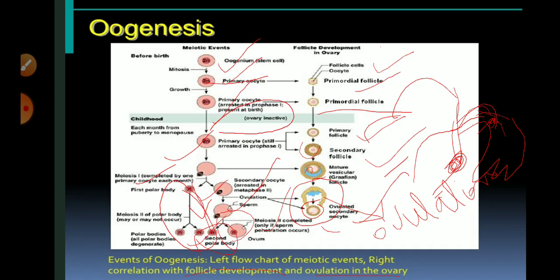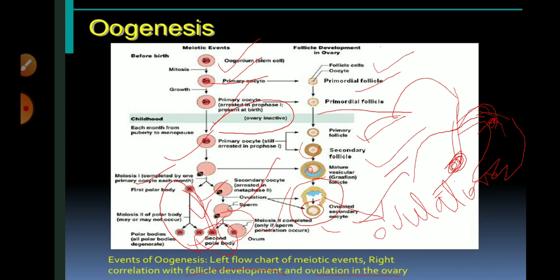Okay, dear students, up to here we have discussed the female reproductive system and its function. We have discussed the structure of the female reproductive system: ovary, fallopian tubes, cervix, and vagina.